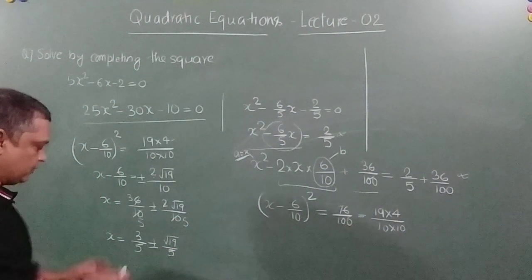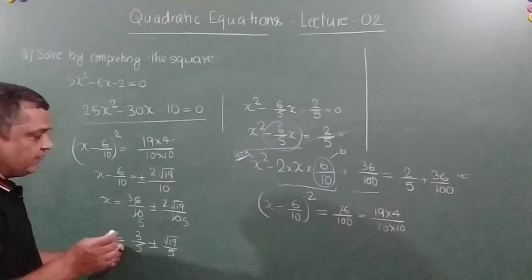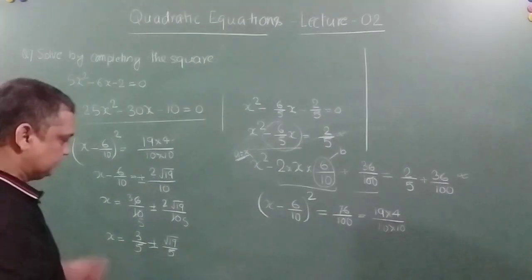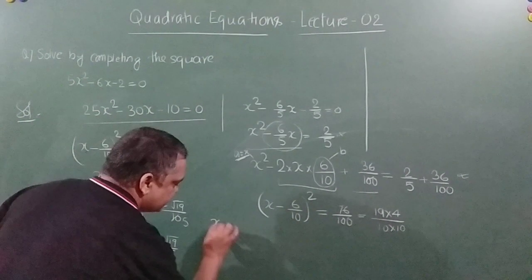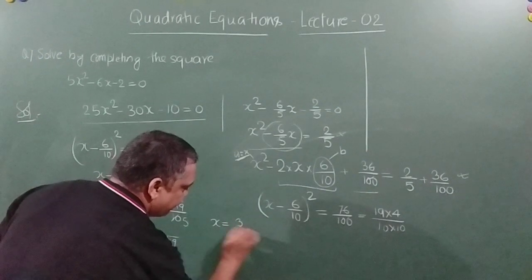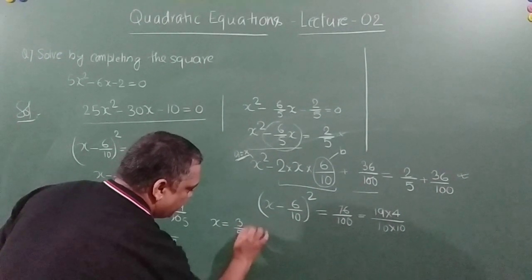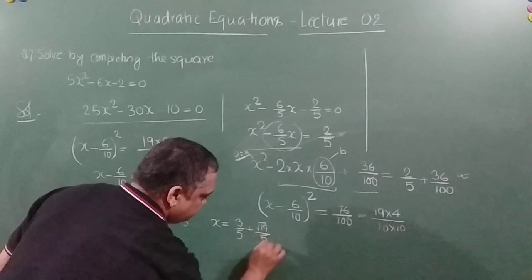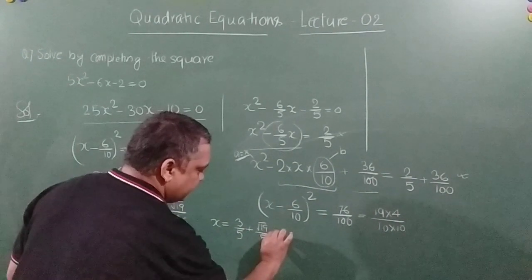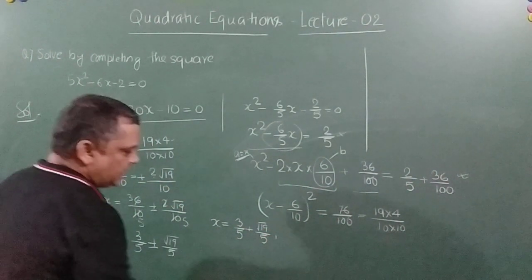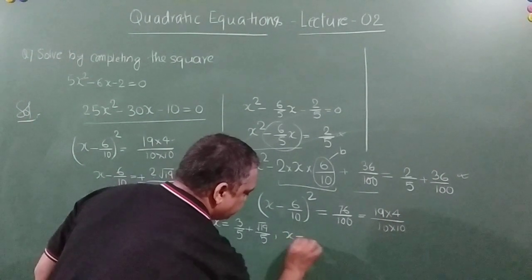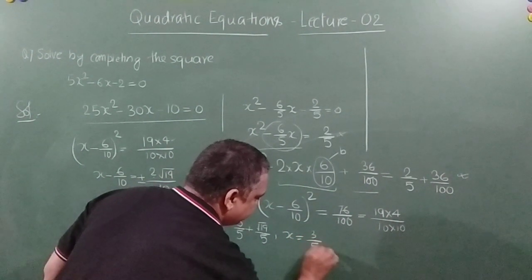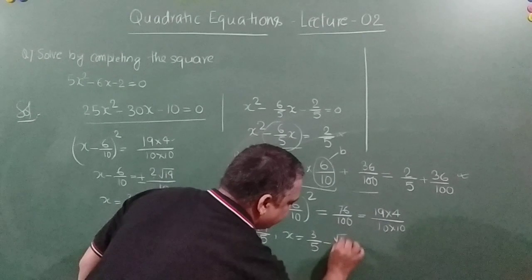Okay? So now see, friends, one of the roots will be x is equal to 3 by 5 plus root 19 by 5, right? And another root will be 3 by 5 minus root 19 by 5.